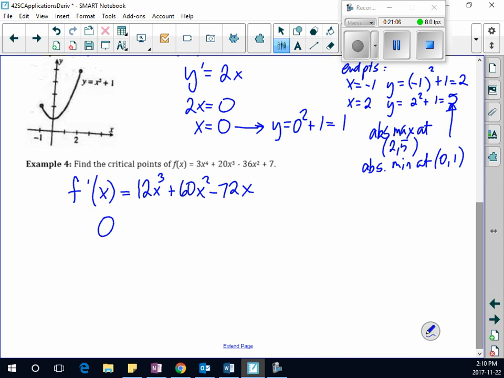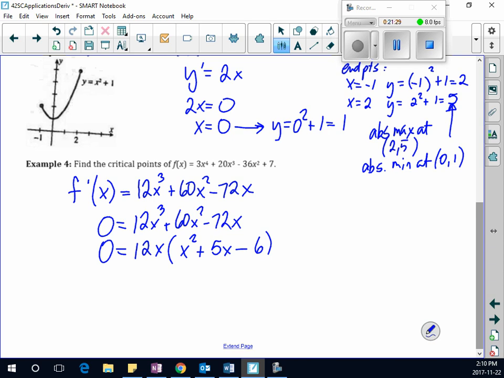So 0 equals 12x cubed plus 60x squared minus 72x. So what did we learn in grade 12 pre-cal? You can take out a 12x. Very good. So we get 0 equals 12x, and we're left with x squared plus 5x minus 6, and that factors to be x plus 6 and x minus 1.